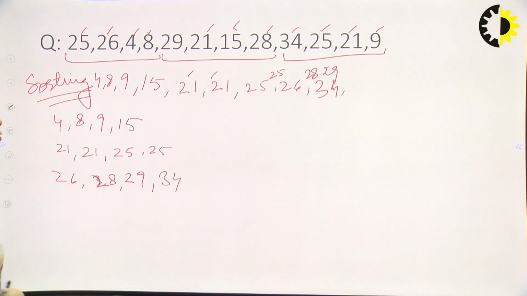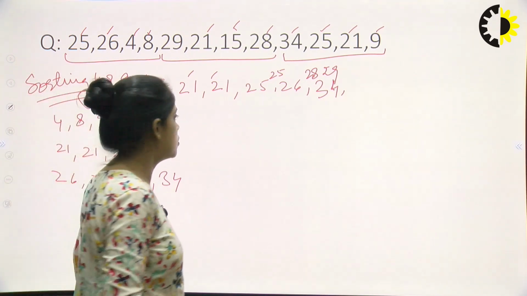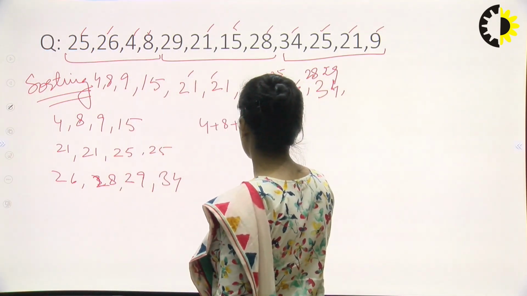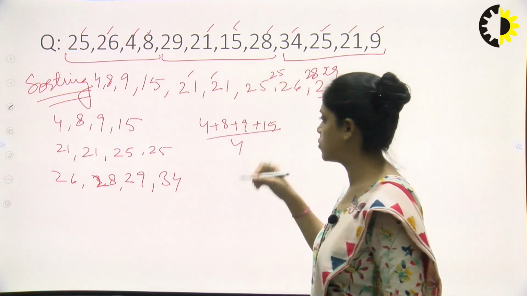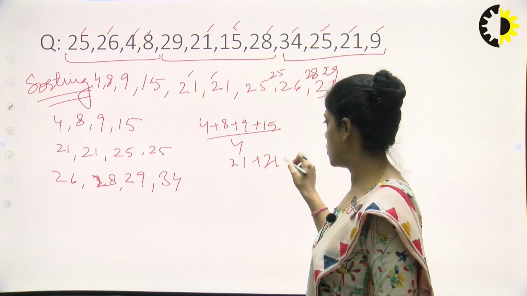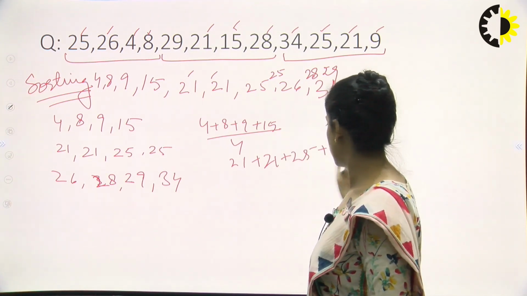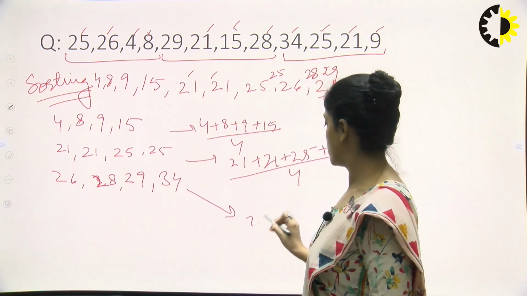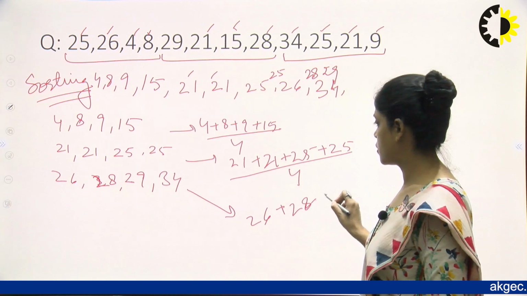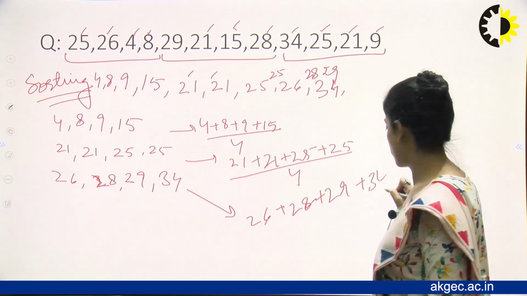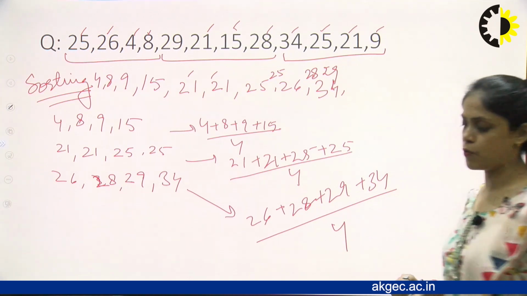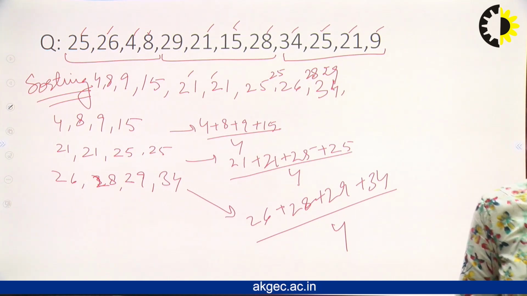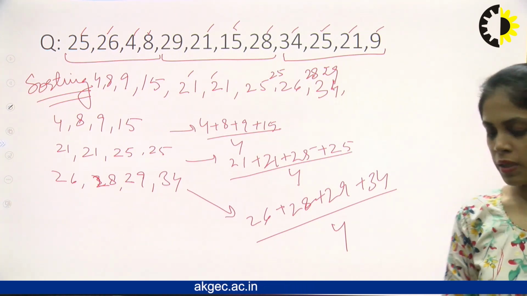If we perform smoothing with mean, you will do 4 plus 8 plus 9 plus 15 divided by 4. Here 21 plus 21 plus 25 plus 25 divided by 4. And 26 plus 28 plus 29 plus 34 divided by 4. So we need to perform it like this.